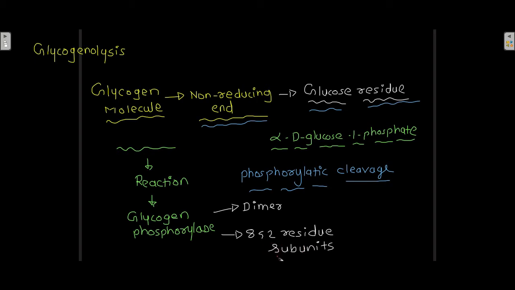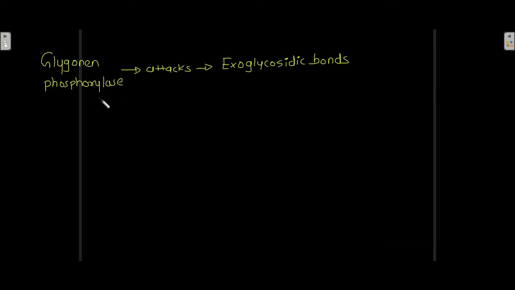This enzyme attacks exoglycosidic bonds. There are exoglycosidic bonds present in the glycogen molecule, and this enzyme attacks them, and that is how glycogen phosphorylase does the breakdown of glycogen.